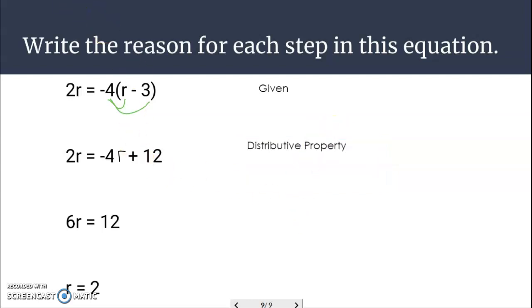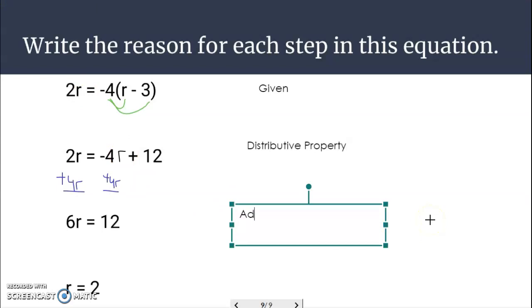And the next step, it looks like we added 4r to both sides. 2r plus 4r gave us that 6r. So we applied the addition property of equality.